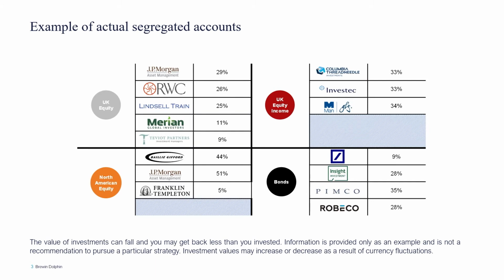So on this slide you can see some examples of some segregated accounts within four fund structures. To take an example of the UK equity fund in the top left, there is a core strategy run by JP Morgan, and then there's a value strategy run by RWC, which is complemented by a quality growth strategy run by Lindsell Train.